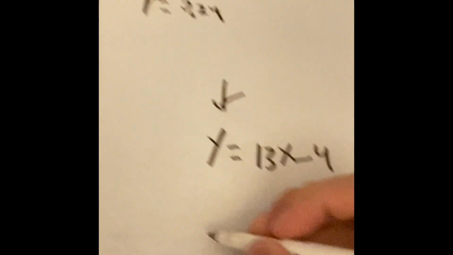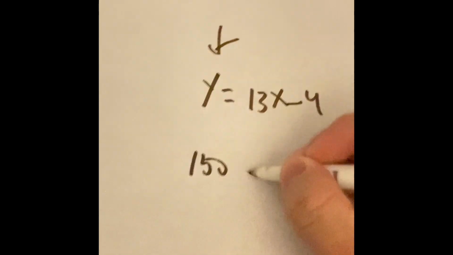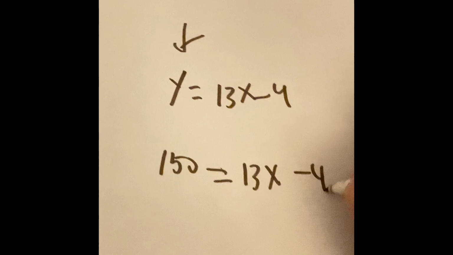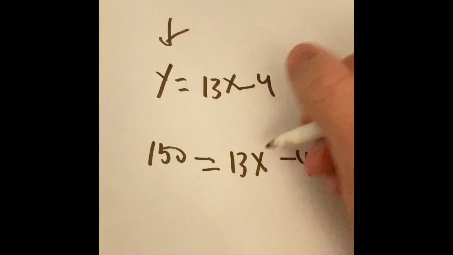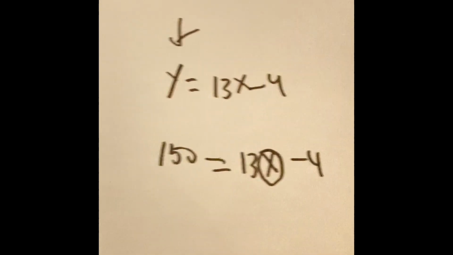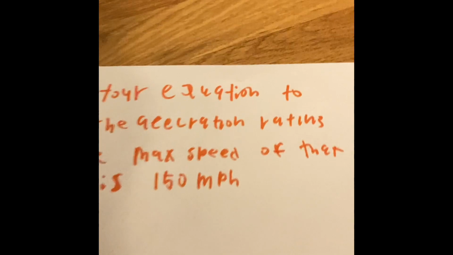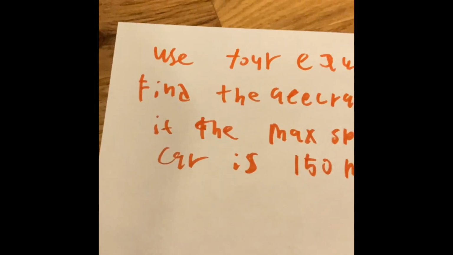So we say 150 miles per hour equals 13x minus 4. And we simplify to get x alone, because x is our acceleration rating, which is what we're trying to find.